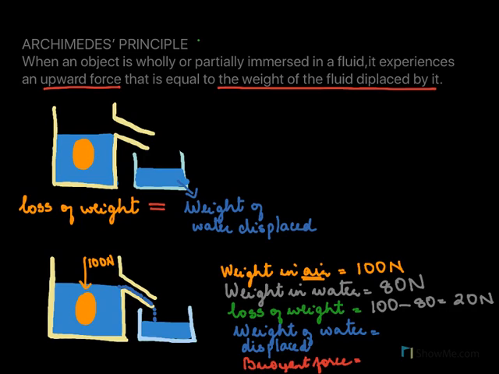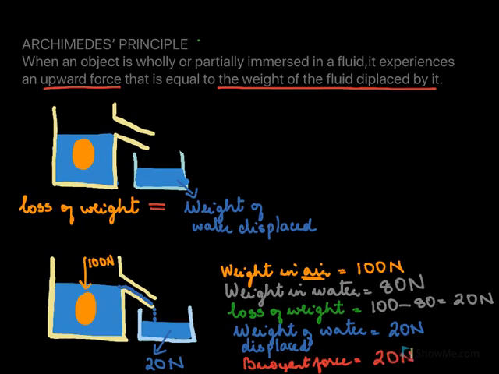Now what is surprising is this weight of the water displaced here will also be 20 newtons. If you weigh it, you'll find that the weight of the water displaced is also 20 newtons. And the buoyant force is also 20 newtons.